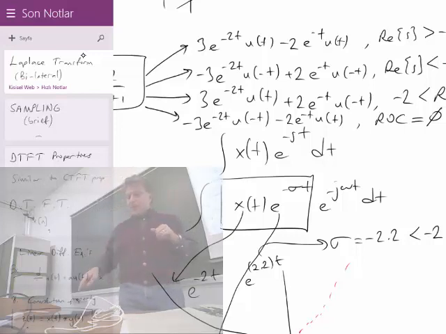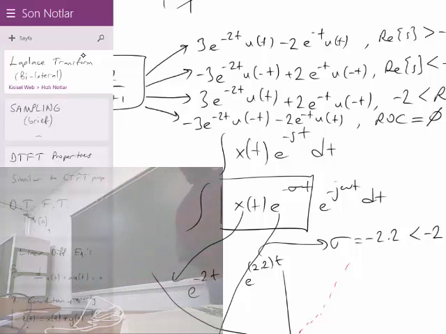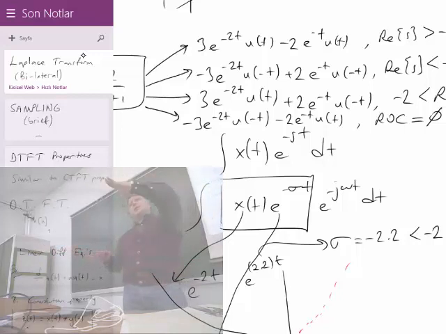Well, this last one is a both-sided signal, first of all. And you can never find an exponential towards the left or towards the right, such that while suppressing the increase, it does not increase the suppressed part too much.